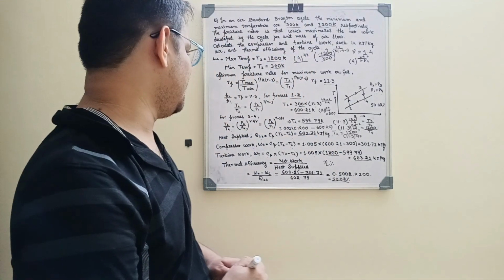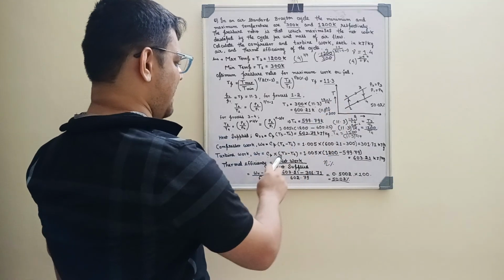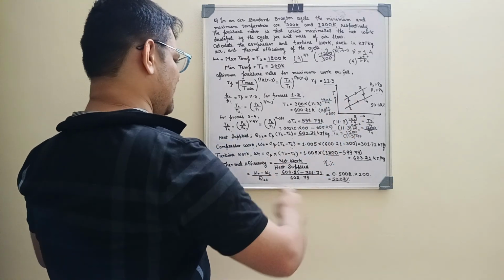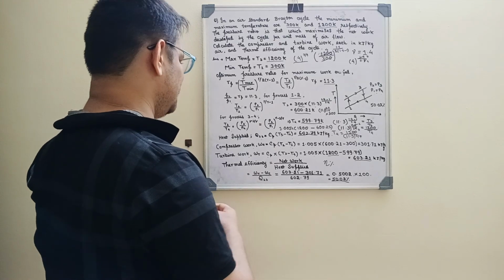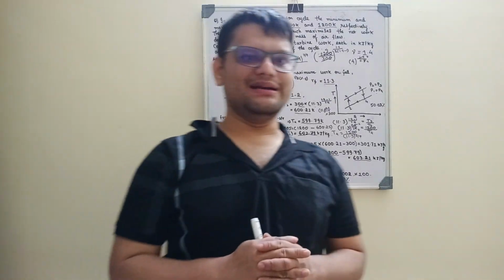Here compressor work is between T1 and T2, and turbine work is between T3 and T4. So we have calculated the entire thermal efficiency of the system, that is 50.02 percent.